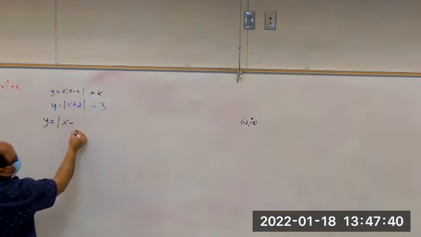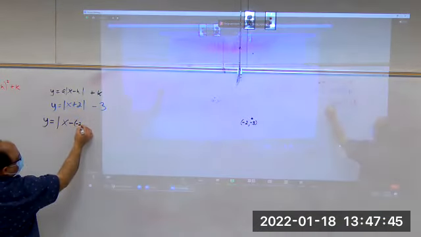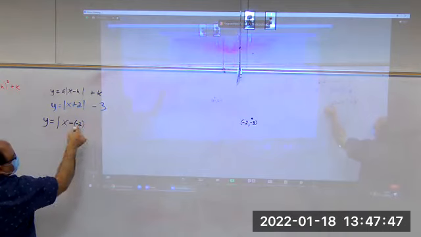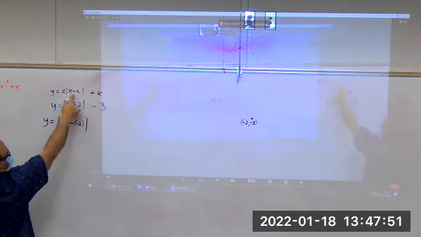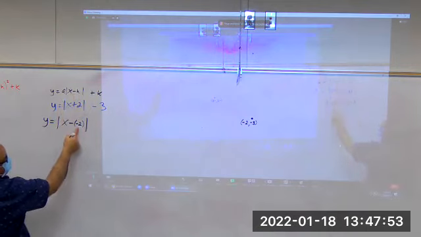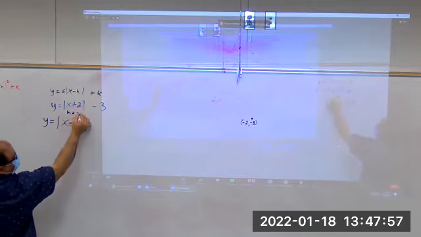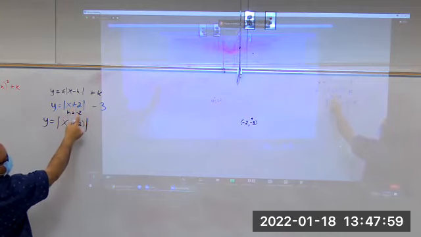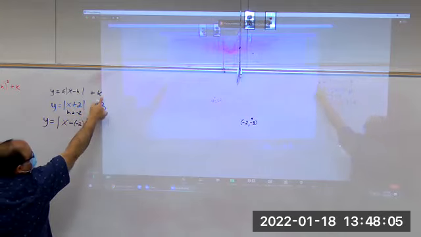Plus 2, the only way to get plus 2 is because it's absolute value of x, it's a built-in negative. So it would have to be x minus, this would have to be a -2. So h right here is actually minus what? It would be minus a -2. So when you see this, you can just say, all right, I see plus 2, h is negative. The horizontal shift is a -2. Plus k.